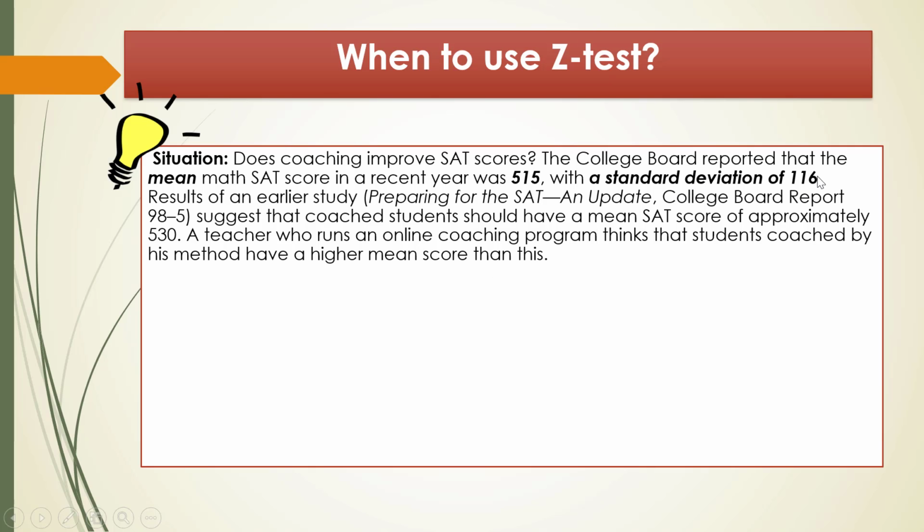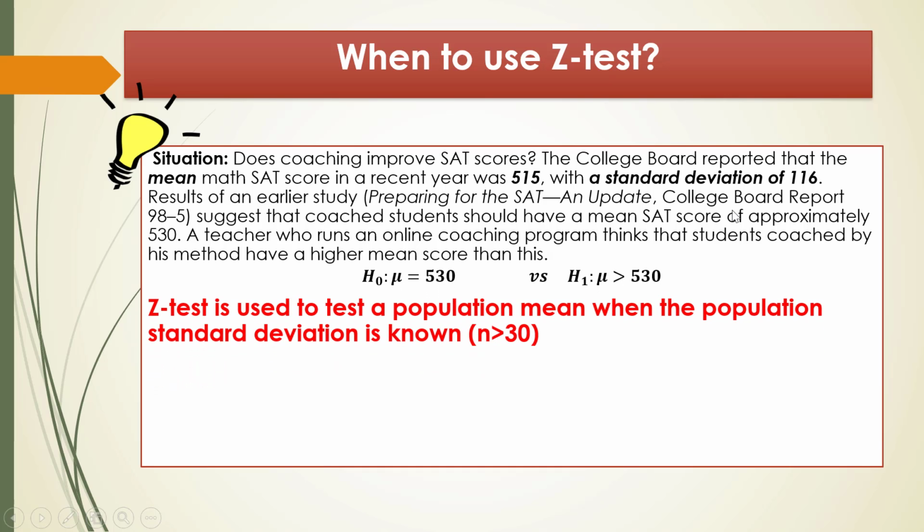which is 116. So the z-test is used when we want to test a population mean, when the population standard deviation is known. And usually the z-test is used when the sample size is at least 30 to make sure that the central limit theorem is satisfied.